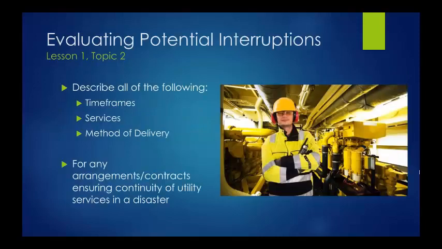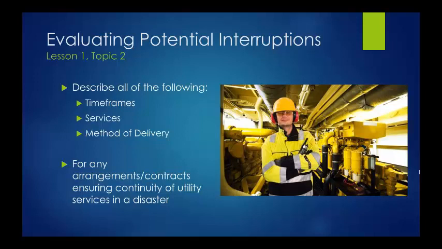So we'll get into lesson 1, topic 2, and that's evaluating the potential interruptions. Now, each facility has different risk potential, and it depends on the physical location of your facility, perhaps the services you provide. But as you start to evaluate these potential interruptions, you need to take into account how long will this last? How long are you able to sustain yourself during the course of this?